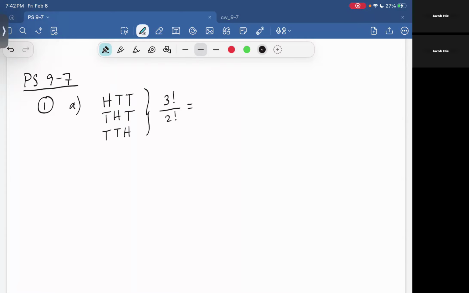This is also 3 choose 1. Basically we have 3 spots, and we're trying to choose one spot for the head, and that's why it's 3 choose 1. But whatever you do, you should be getting 3 total desired outcomes.